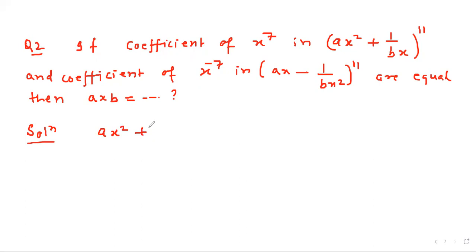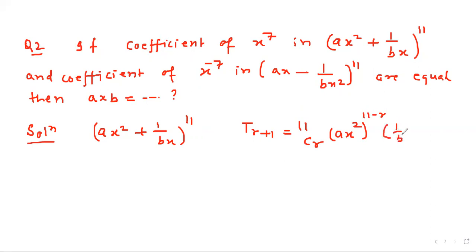(ax square plus 1 upon bx) power 11. Its general term T(r+1) will be equal to 11Cr (ax square) whole power (11 minus r) times 1 upon b power r times x power minus r.